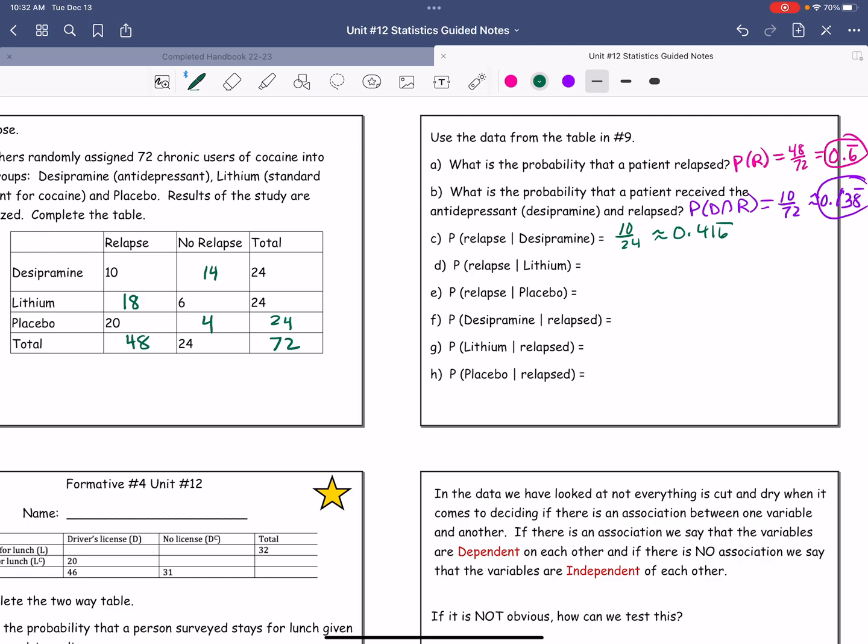Relapse given that they took lithium, and we do the and part, which would be 18 out of lithium total, 24, which is 0.75. Relapse given placebo, so relapse and placebo is 20 over the total placebo, which is 24, and that is 0.83 repeating.